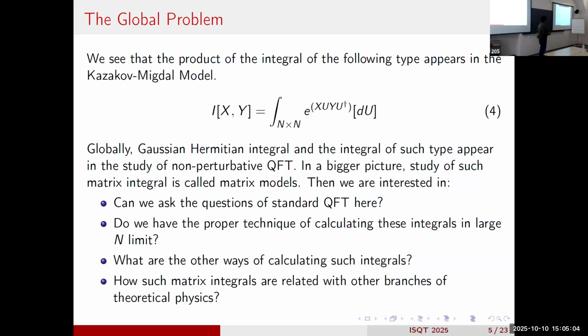So you can ask questions that you can ask in standard QFT, like what the observables are, like the correlation function, and so on. But to answer all these questions, we need to come back to the problem of evaluating this particular integral. When you want to evaluate it, you need to integrate over the unitary matrix.